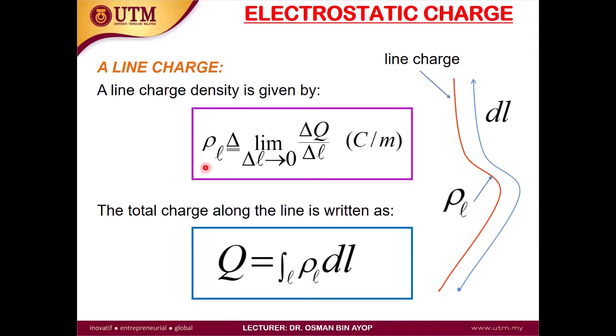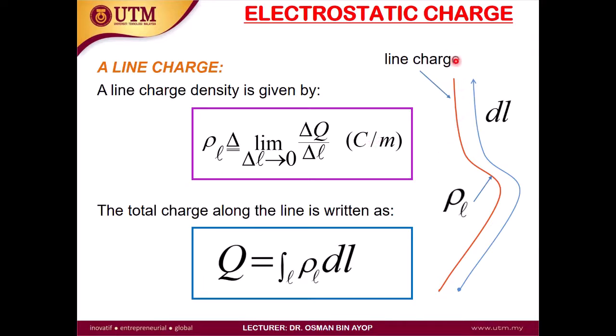The line charge is written as rho L, and rho L is basically delta Q divided by delta L. Delta Q is a sample of charge divided by the sample of length, where delta L is approaching 0. It's very small. So rho L is the charge density when the length is very small, and the unit is Coulomb per meter.